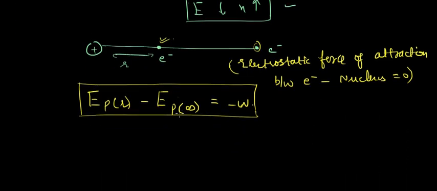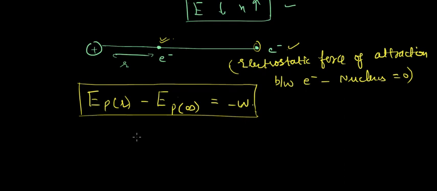Obviously this would have a mod value and would require some substantial positive energy to be given to this electron to bring it from infinity to a position r.